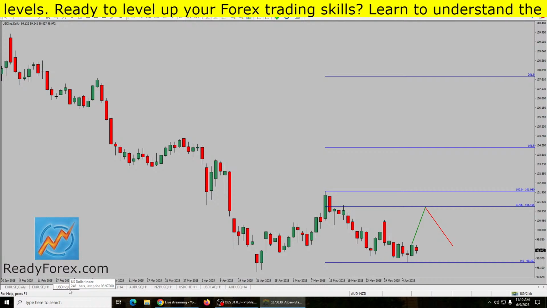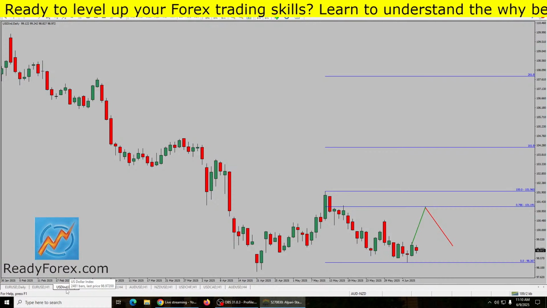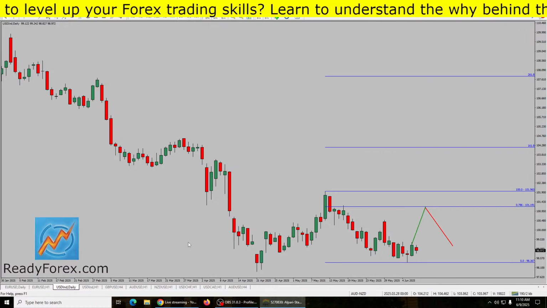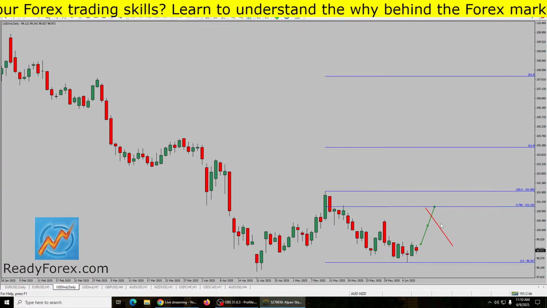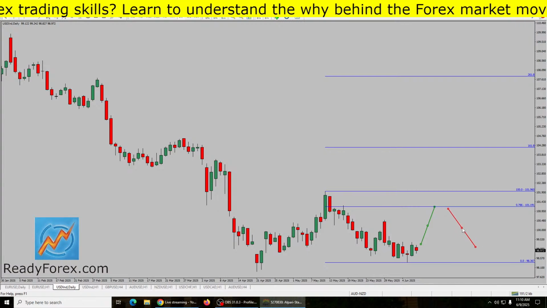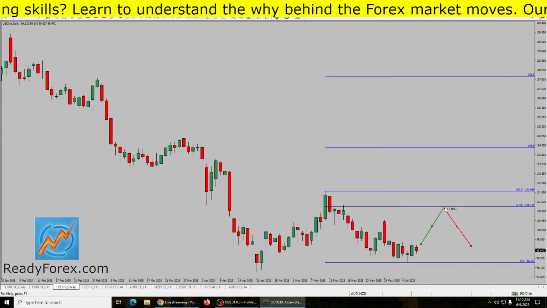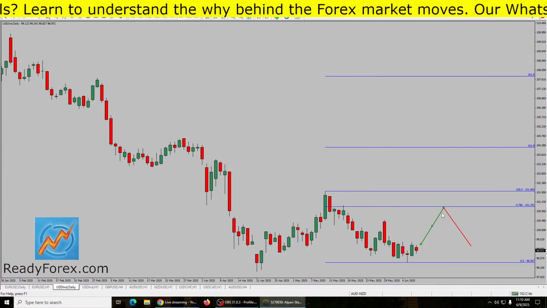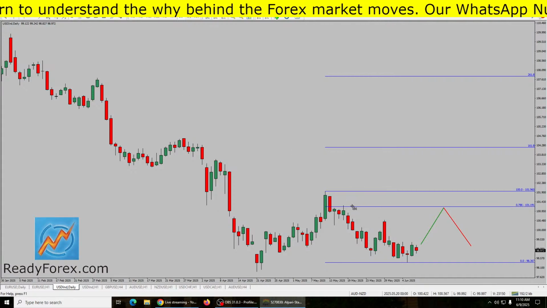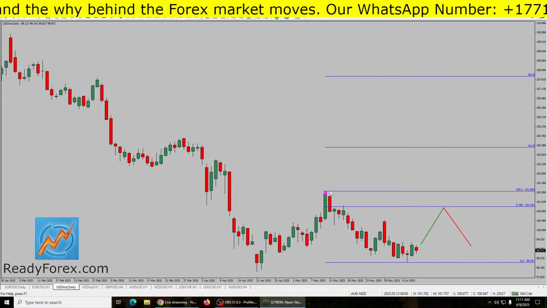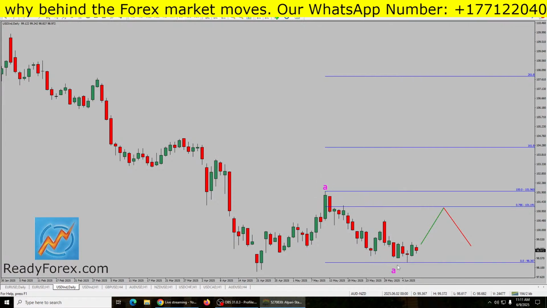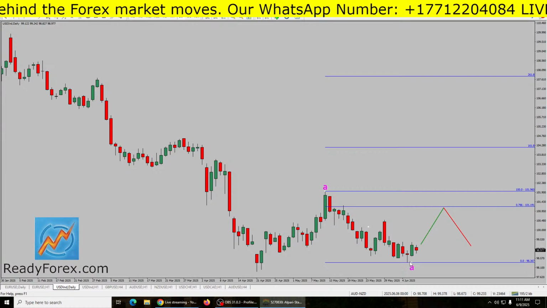If you take a look at DX, the United States dollar index, you can notice that I expect the same. So it's like a mirror effect, equal but opposite, also known as yin and yang. So it's quite possible that we got this as wave A, wave B over here.